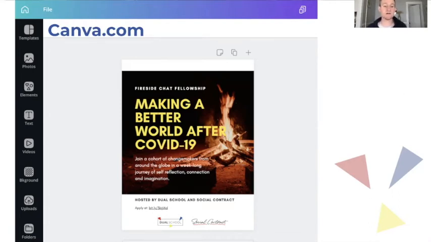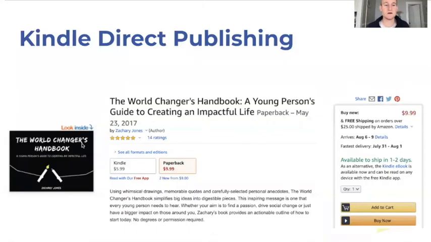You can make flyers, you can make handouts, informational items. So Canva is a great way to kind of start to take your ideas, put them into something a little bit more physical and well designed and tangible, and then spread that message out in the world. And again, Canva is free.